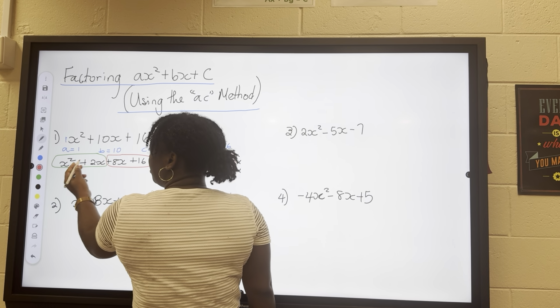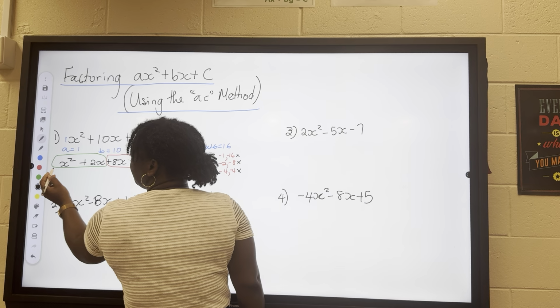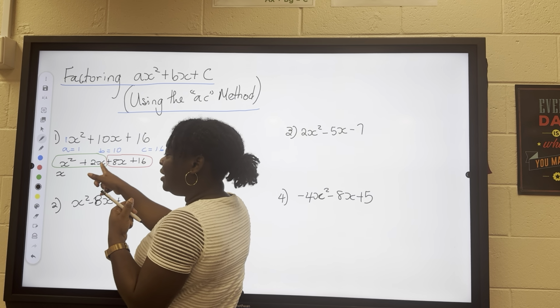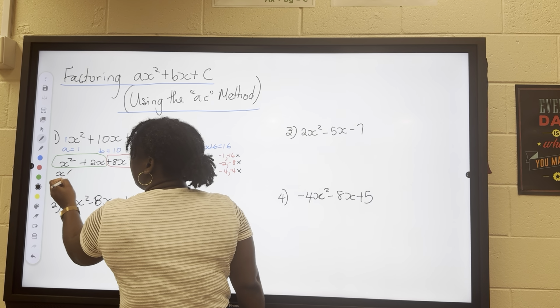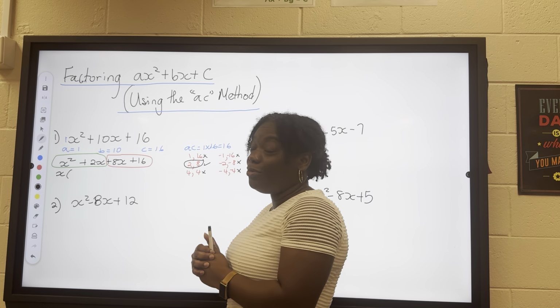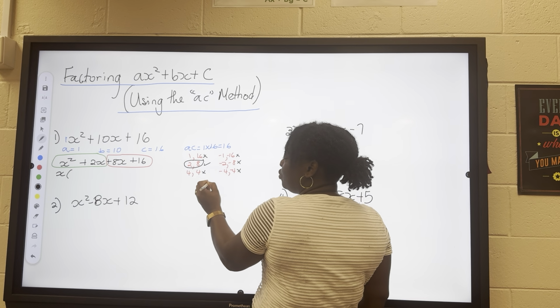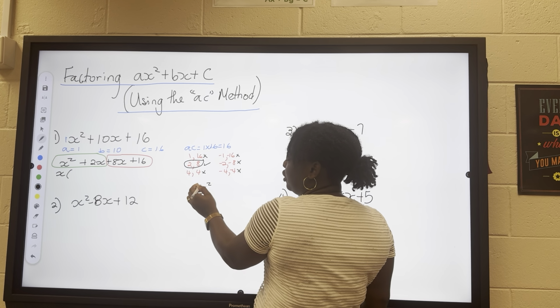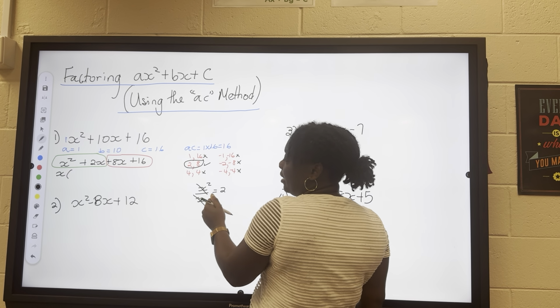A factor is going to be x, because x can be divided into that and it can also be divided into that. So x squared divided by x is going to give me x.